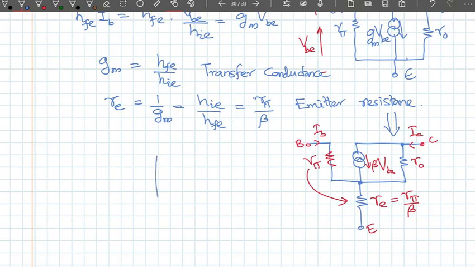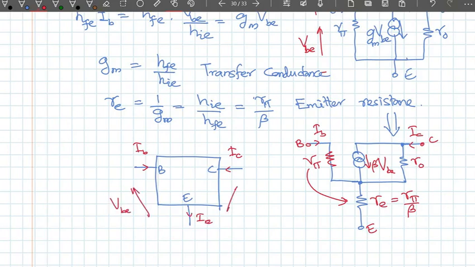If you take this as a black box, we have three terminals: base, collector and emitter. No matter which model you have, you still have to have the same IB, same IC and same IE, and the same voltages between emitter and base, VBE, and emitter and collector, VCE. So these need to be the same.